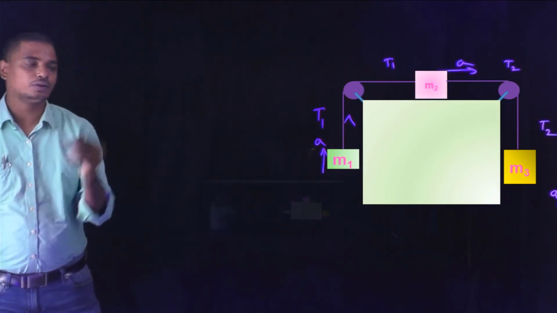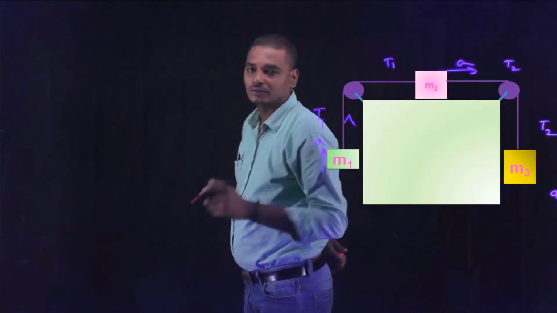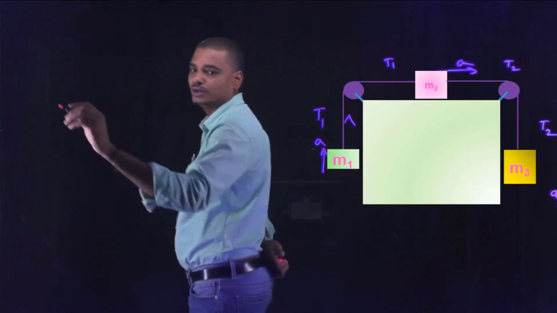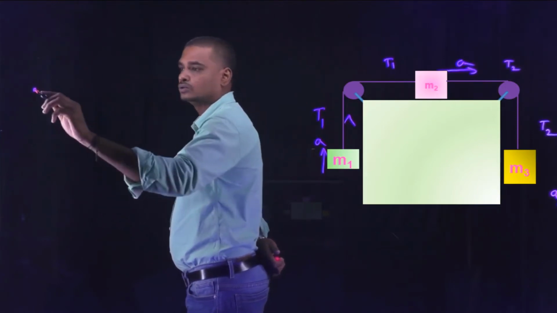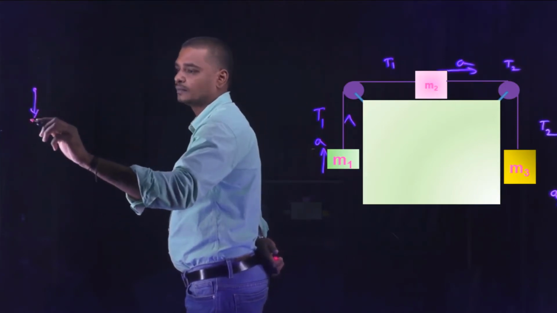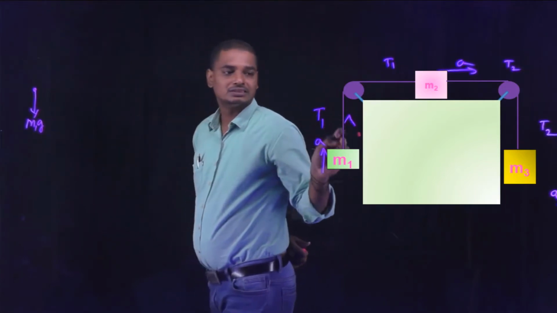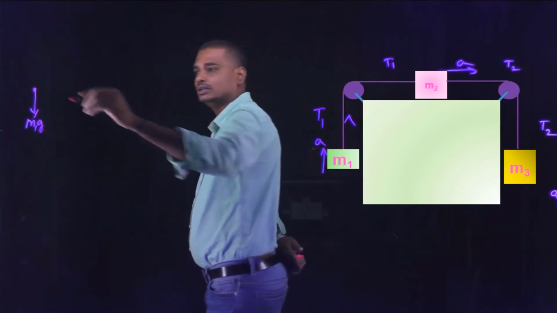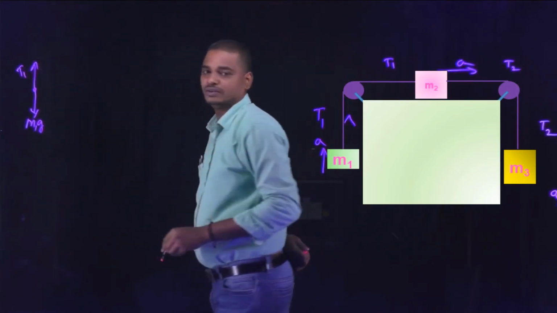Now, by drawing the free body diagrams, we can solve this type of question. Let us draw the free body diagram for the first block, that is mass M1. The weight of the body acts downwards, that is M1G, and as it is connected to a string, there is a tension in the string upwards, which is T1.